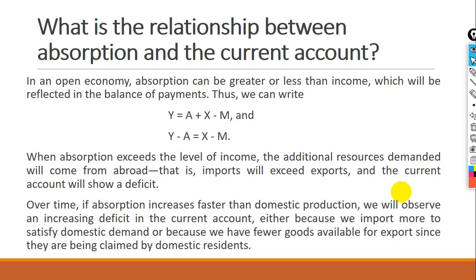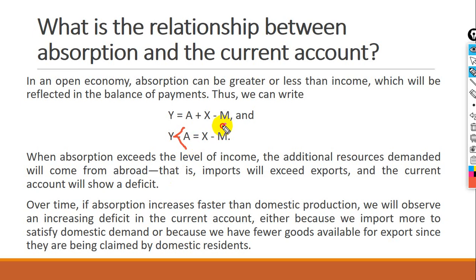Y minus A represents domestic production minus domestic uses of these goods and services, which is the absorption level. When A is greater than Y, we are going to demand more resources from abroad.